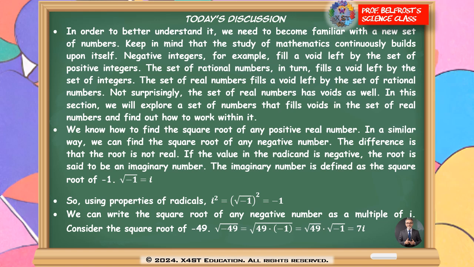We know how to find the square root of any positive real number from the previous chapter. Actually we can also find the square root of any negative number. The difference is that the root will not be real this time. If the value in the radicand, the one inside the root symbol, is negative, then the root is said to yield an imaginary number.